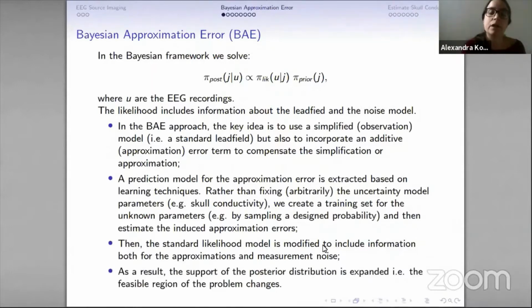And then basically you create a more reliable likelihood, which also results in a better posterior compared to using a standard likelihood that doesn't include any information related to possible errors and uncertainties.